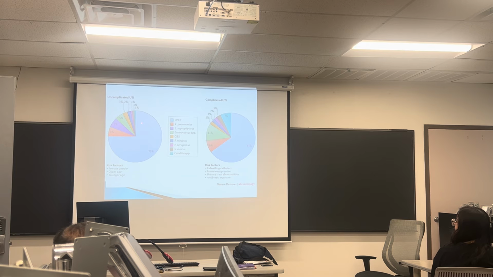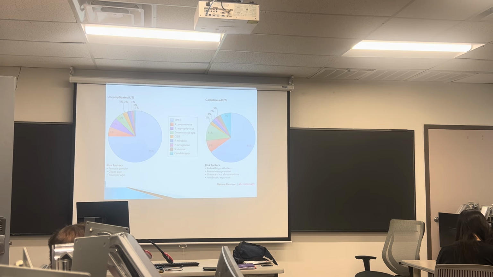But you can see urinary pathogenic E. coli is causing 75% of the infections. Therefore, that's going to be the answer on the exam. 6% of them Klebsiella pneumoniae, 6% of them Staphylococcus saprophyticus, 5% of them Enterococcus, about 3% of them Group B Streptococcus, Streptococcus agalactiae, and then you have Proteus and Pseudomonas and Staph aureus and Candida.